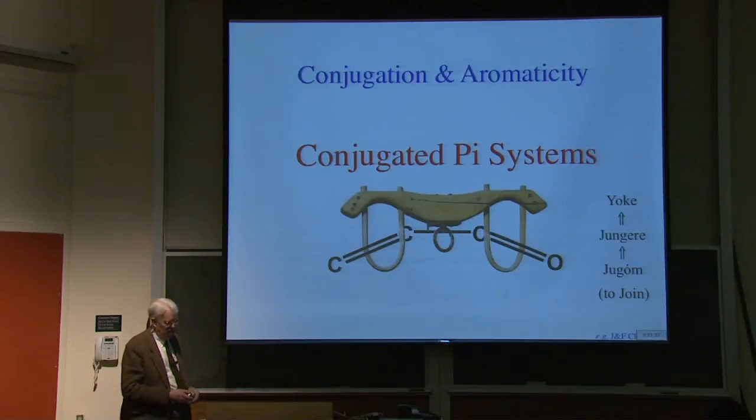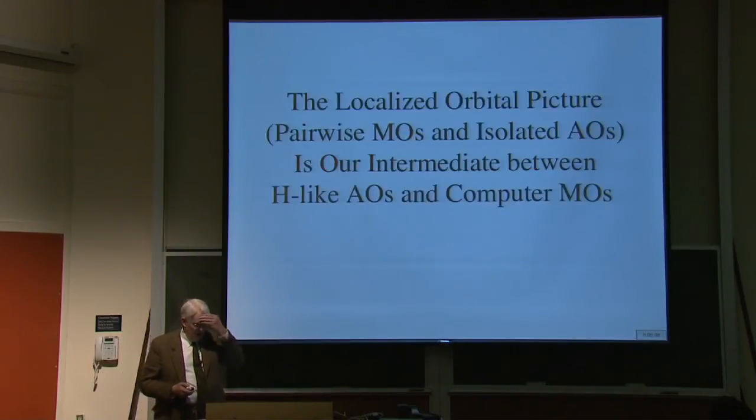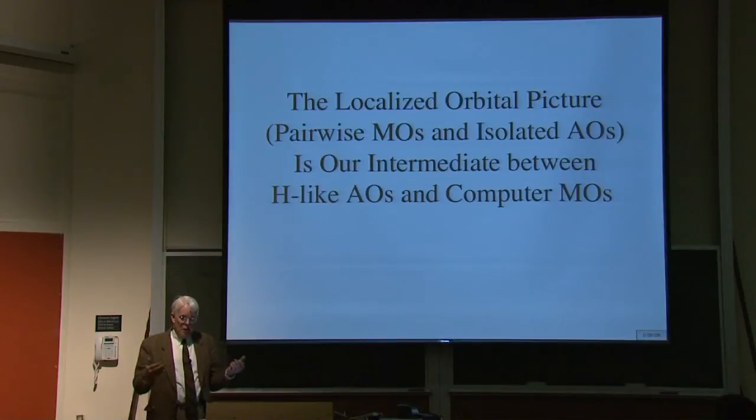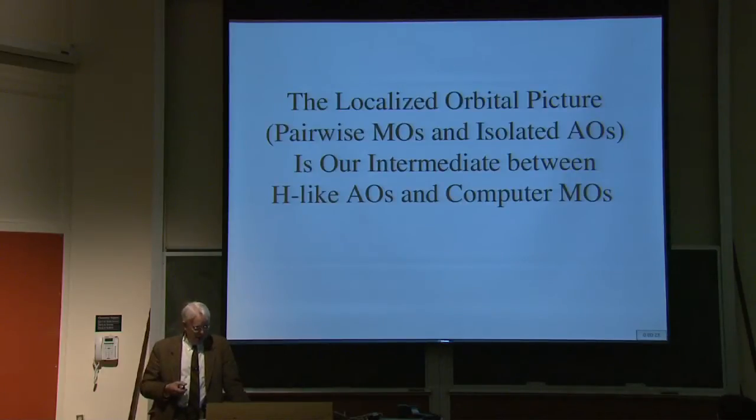So now we're going to talk about conjugation. Conjugation is where the localized orbital picture, which remember we've talked so much about, pairwise 2 atoms coming together to give a bond and an antibond, or isolated atomic orbitals. That was our intermediate between hydrogen-like atomic orbitals, which we really understood, we had a table that we could draw them out, and the computer MOs, which look very complicated.